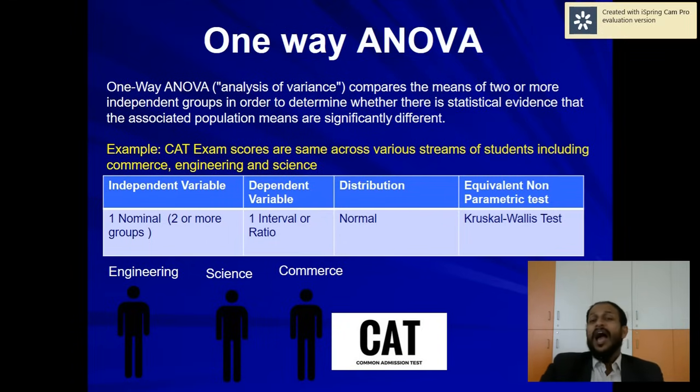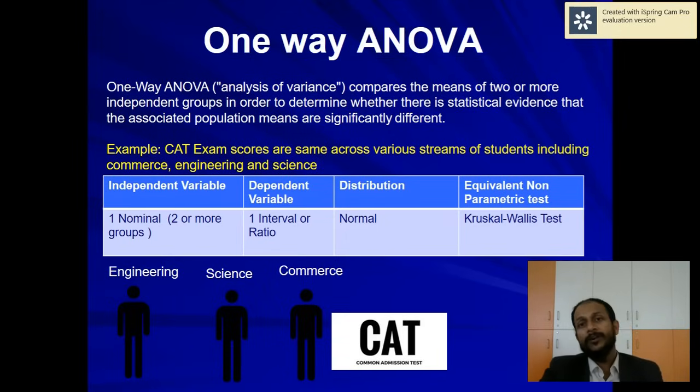In ANOVA, I can compare the means across two groups of population or two or more groups of population. But typically, I will be using one-way ANOVA to compare three or more groups of population. Why? Though I can compare two groups, the study says that the student t-test is more powerful than the ANOVA test when it comes to comparing two groups.